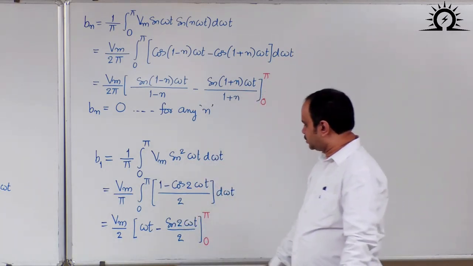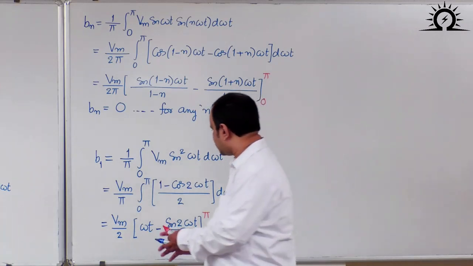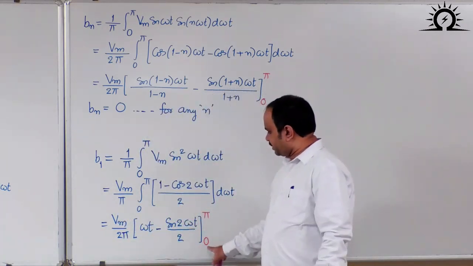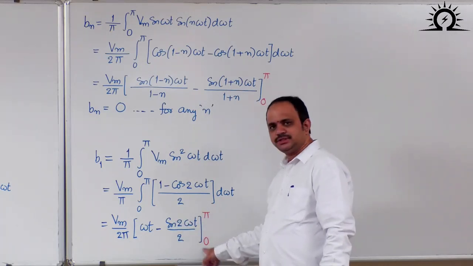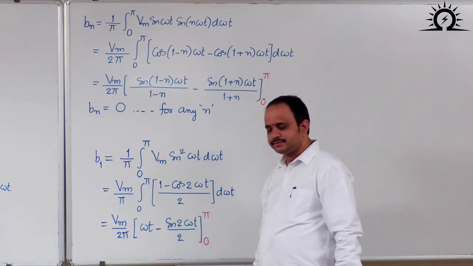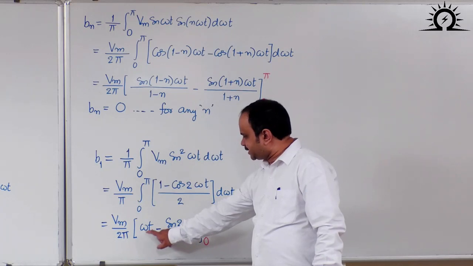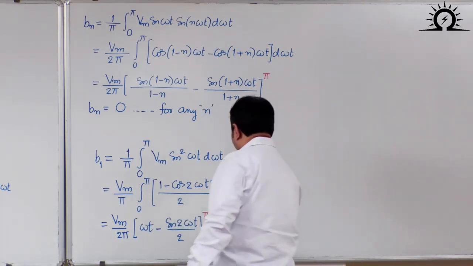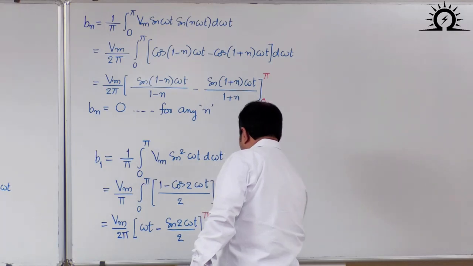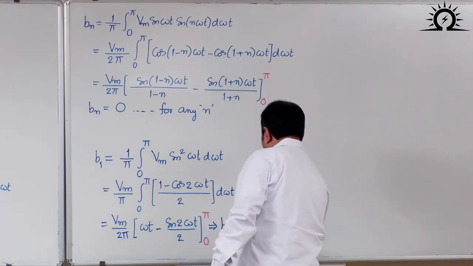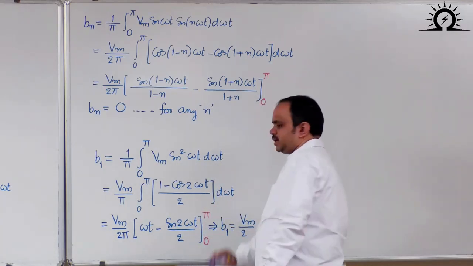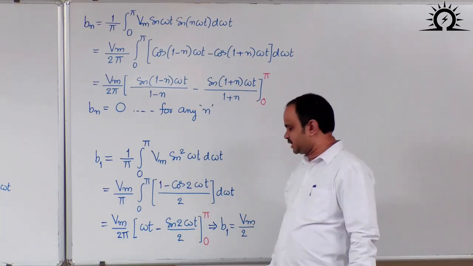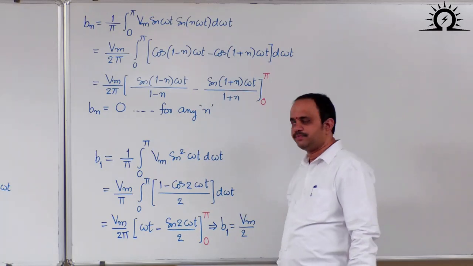Here it is Vm by 2 pi. Sin 2 pi and sin 0 both will be 0, so we can cancel them. The upper limit is pi, so that pi and pi will get cancelled. Therefore, the conclusion is b1 is equal to Vm by 2.